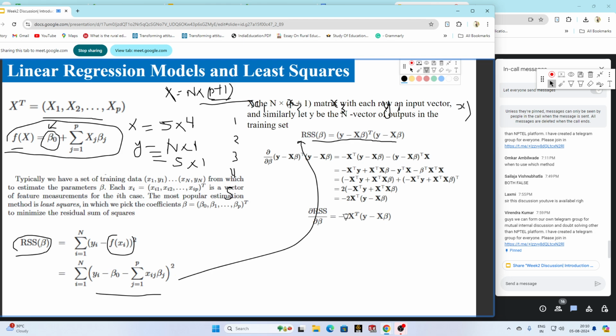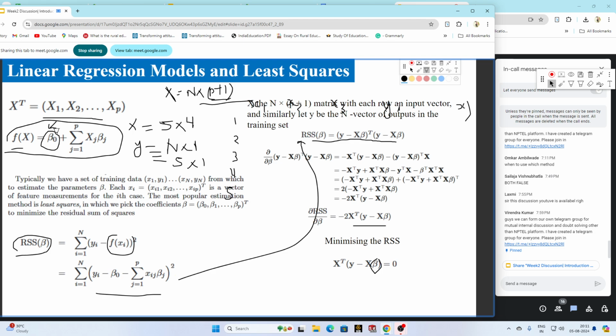Whenever we differentiate this with respect to beta, we will get this equation. So how can we minimize the RSS? If we equate this derivative of RSS with respect to beta to 0, by this we can find the beta.